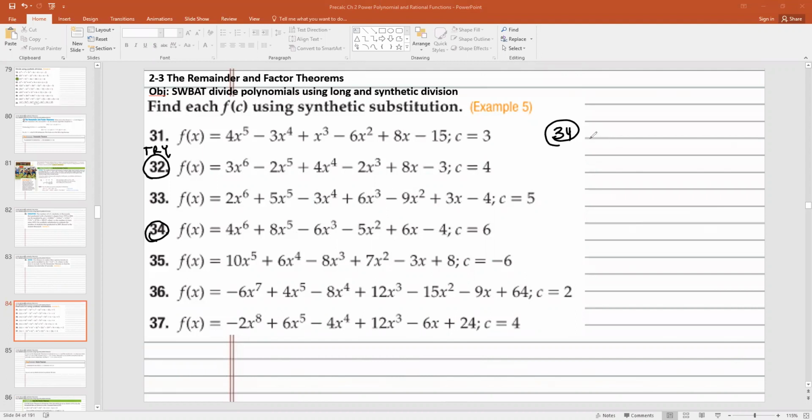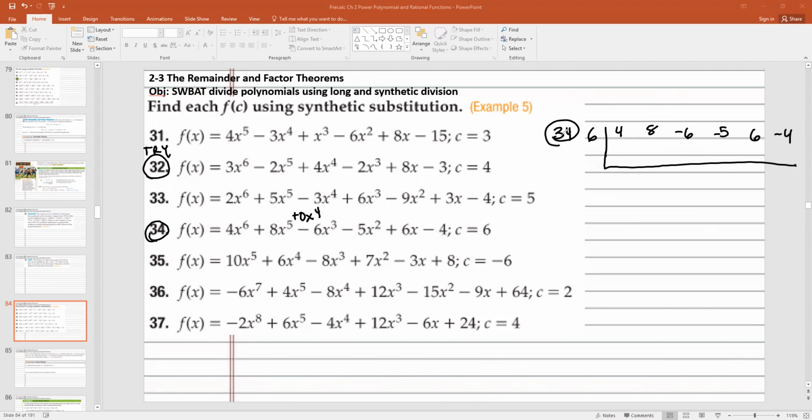All right. So we have 6. It's our C. And then our coefficients, 4, 8, -6, -5, 6, and -4. Wait, I thought I was supposed to have a zero coefficient. Oh, I forgot my x to the fourth.